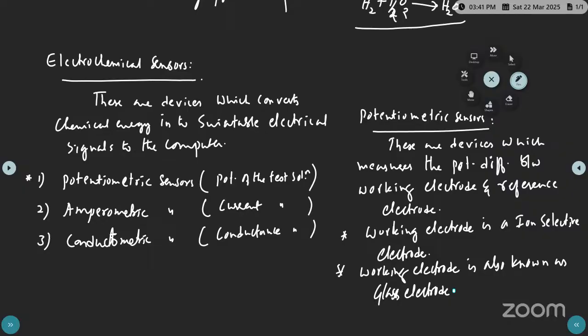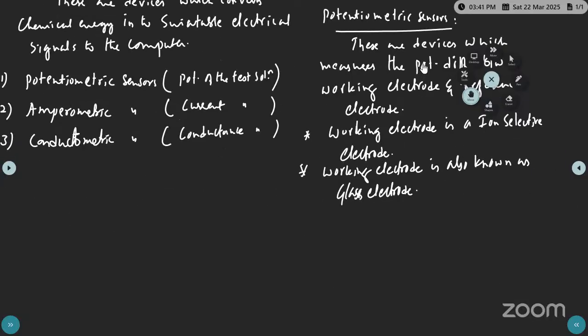So it responds to only H plus ions in the test solution. Test solution lo unde H plus ions మాత్రమే respond అవుతుంది. Okay, and working electrode is also known as glass electrode. Glass electrode అని కూడా అంటాం. అండ్ దీని యొక్క వర్క్ ఎలా ఉంటుందో చూద్దాం.